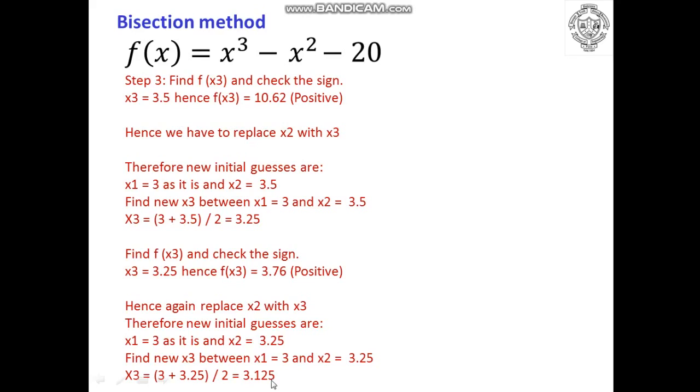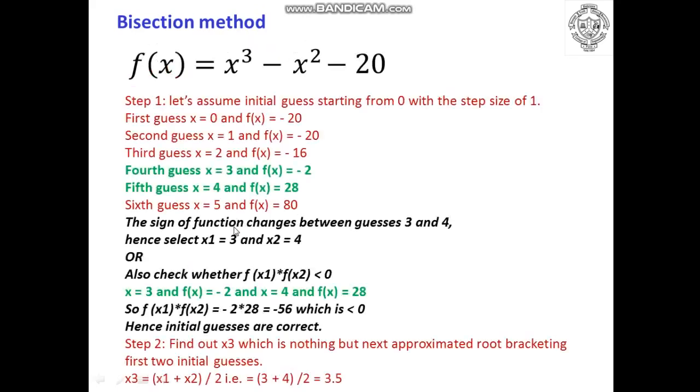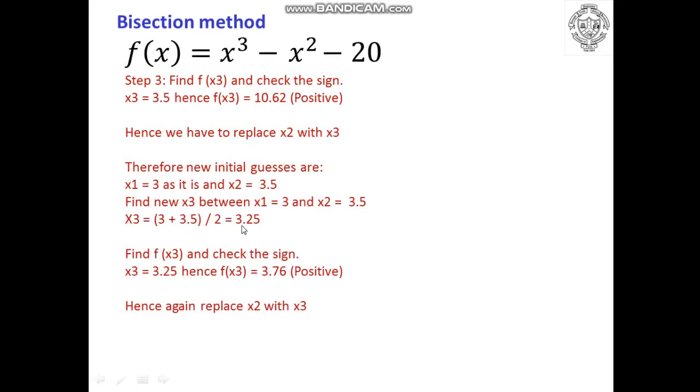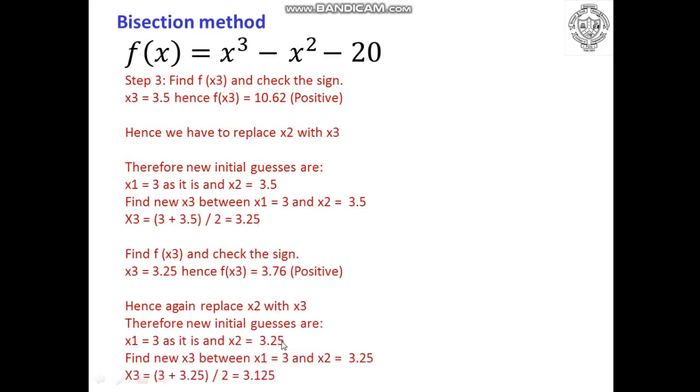Now if you observe the midpoints, the first midpoint was 3.5, then 3.25, and at this iteration it is 3.125. So these values are now getting closer to your exact root.